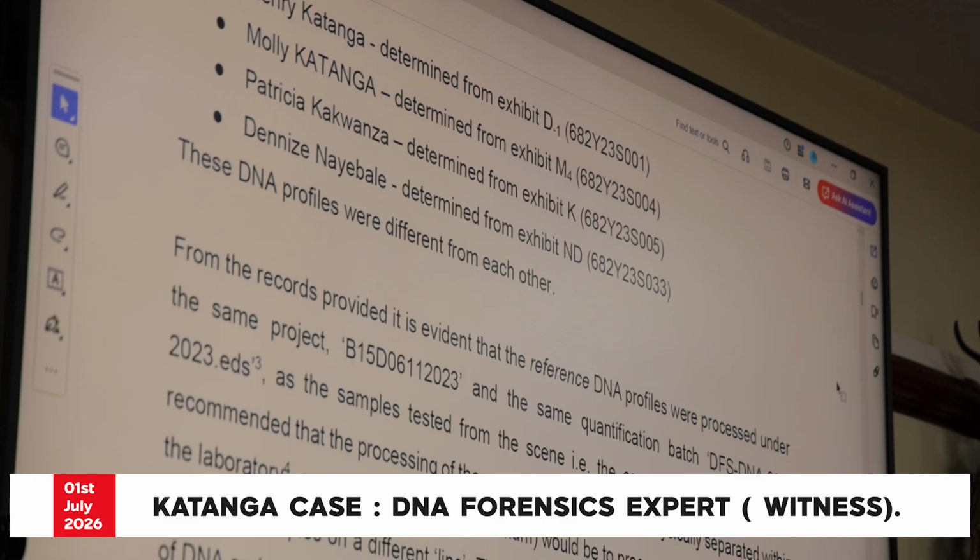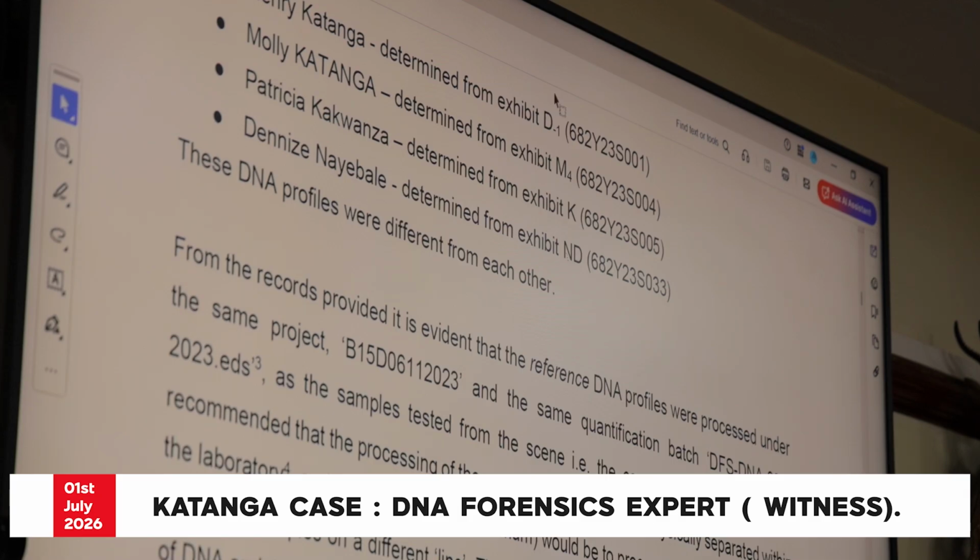Counsel is leading the witness to tell us about general things that are not specific to what she analyzed. Because we need to be clear: is she saying that these particular samples were taken from any person's mouth, or is she giving a general view of what she thinks should be the practice?